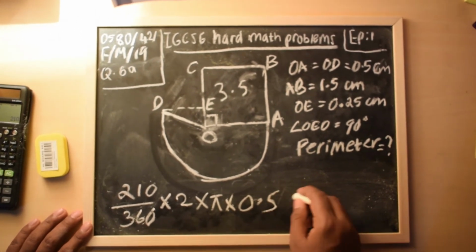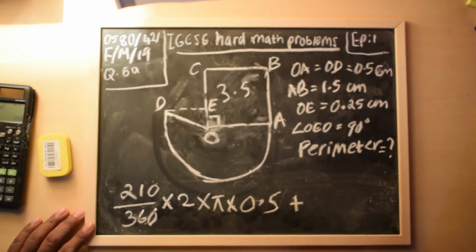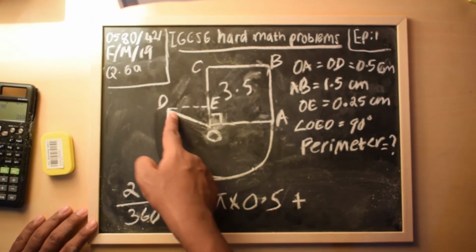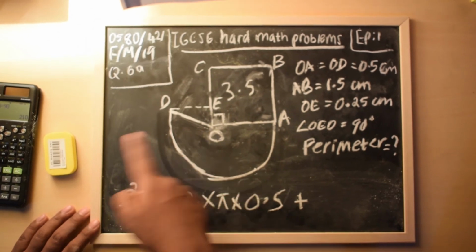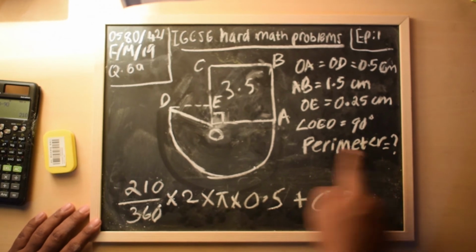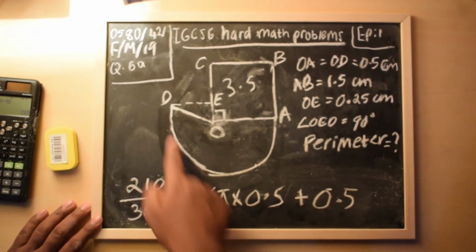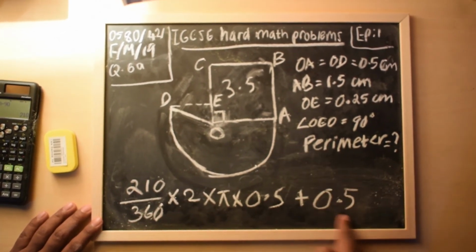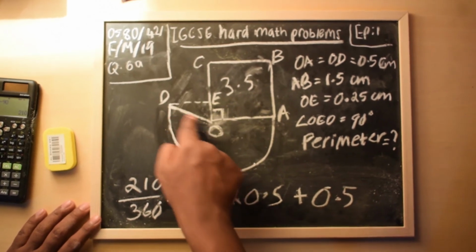0.5 plus, we're going to add to that value this value. So OD is again 0.5. Why I'm adding that is because I need to find the perimeter. This formula is just for the circumference of the sector. This is for the perimeter of this line.